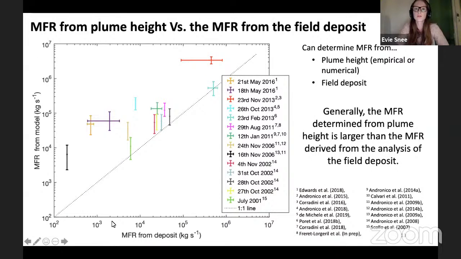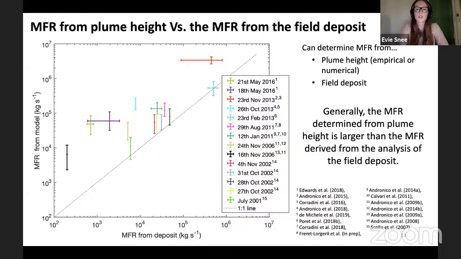The next thing we want to look at with the standard integral model is the mass flow rate determined from it. The mass flow rate for an eruption can be determined from multiple methods, including by using the plume height with empirical or numerical methods, as well as analysis from the field deposit. So we want to compare the mass flow rate from these two different methods. Here on the x-axis, we have the mass flow rate from the deposit.